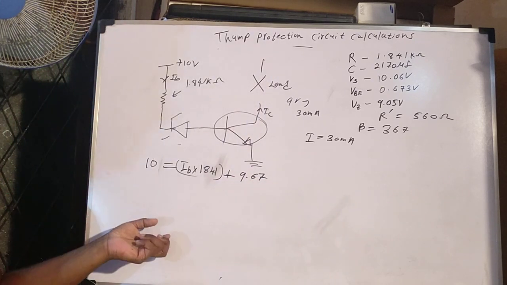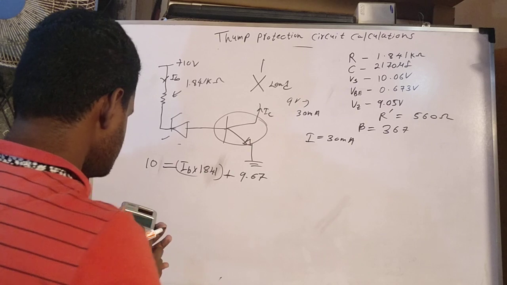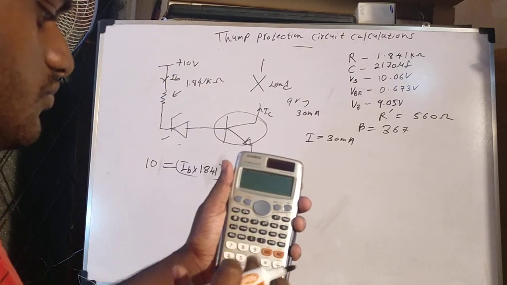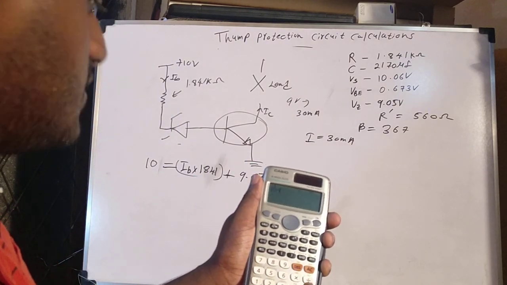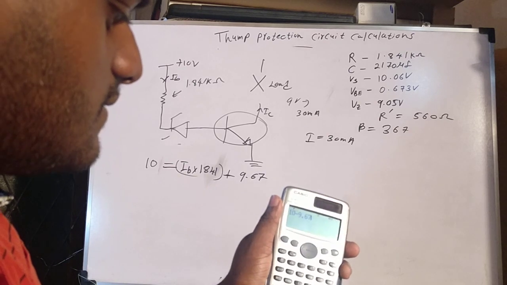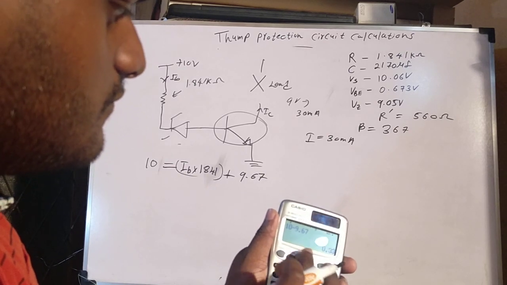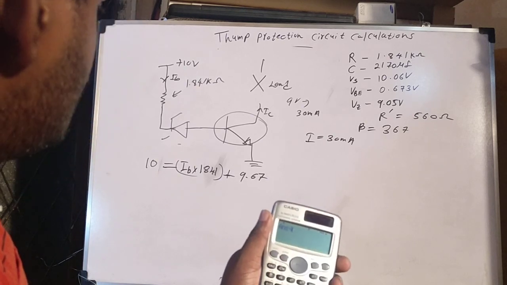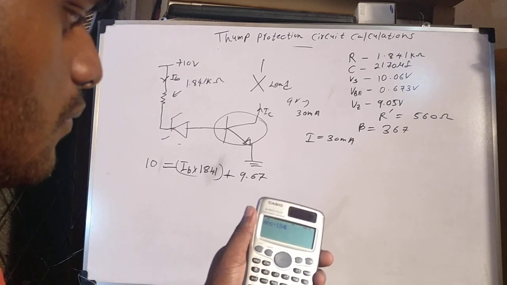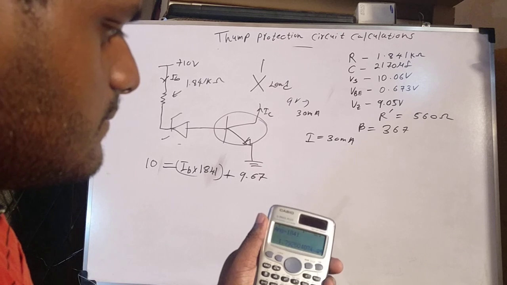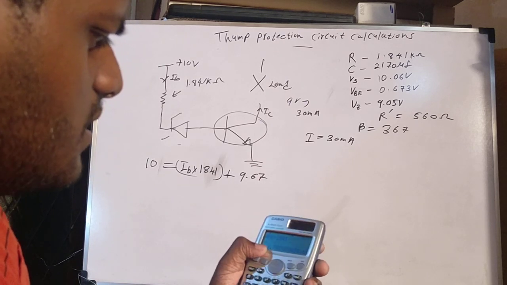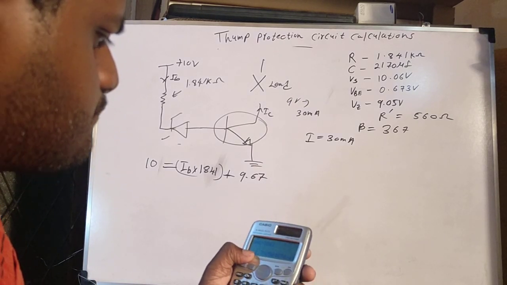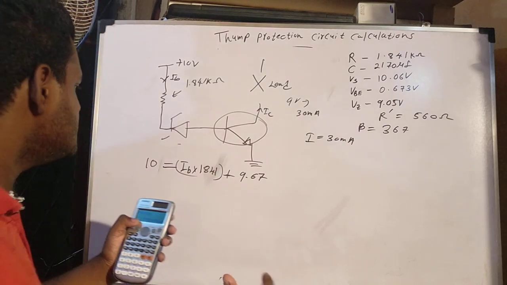So one can find the IB value easily. What I'm going to do is 10 minus 9.67, you get 0.33. Then I divide by 1841. The IB is around 17 milliamperes.